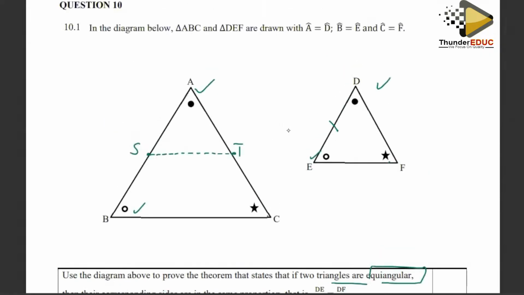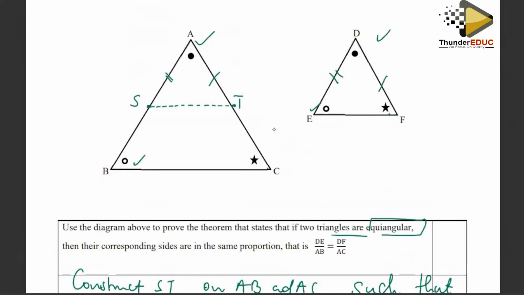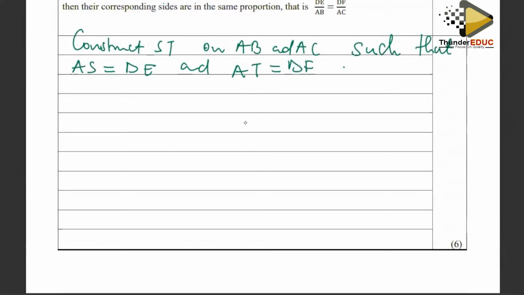So we construct to show that this is the same as that, and this is the same as that. If that is correct, then we can go ahead and say that these two triangles are congruent because we have this side and that side, this side and this side, and then we have the angle. So therefore, triangle AST is congruent to triangle DEF.